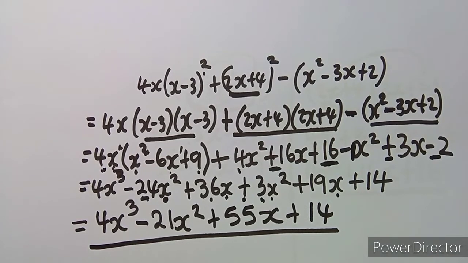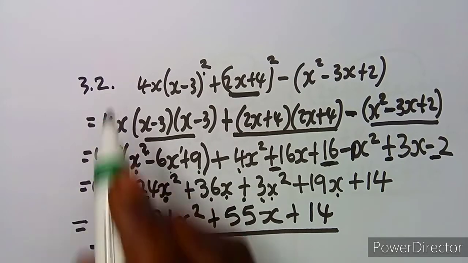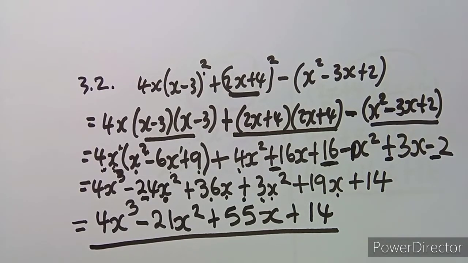All right, so very interesting question, guys, that we actually had on 3.2 on simplifying. So someone might wonder, how are we supposed to simplify? Okay, so these are the stages that you're supposed to take.